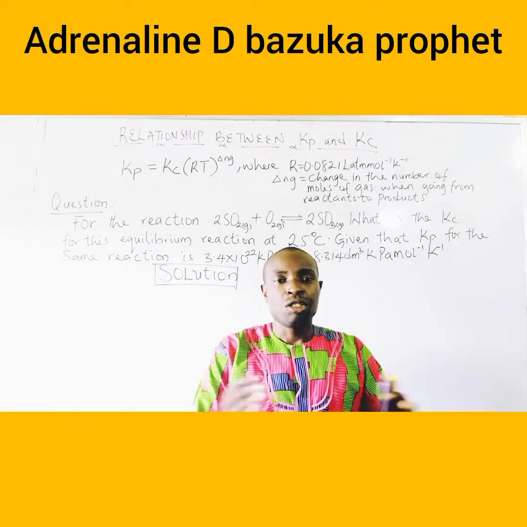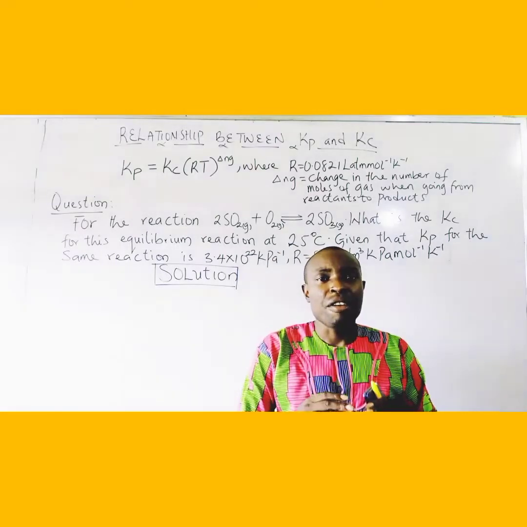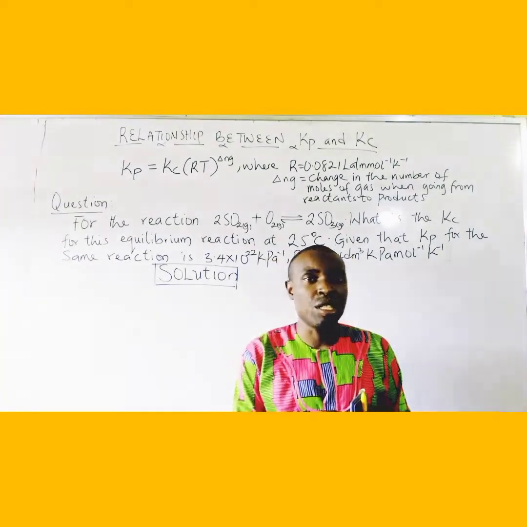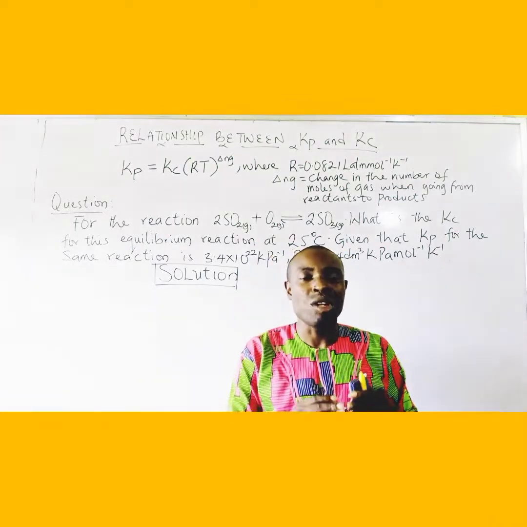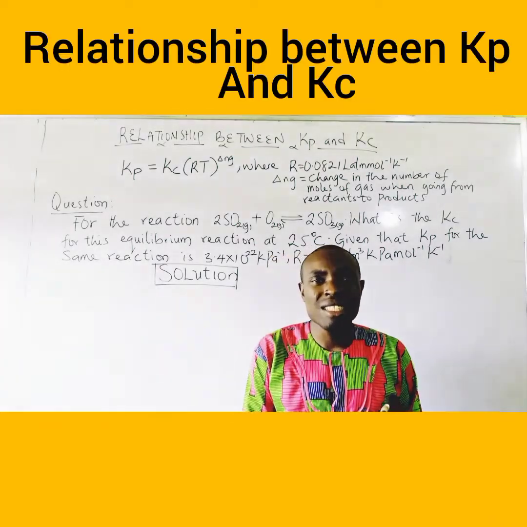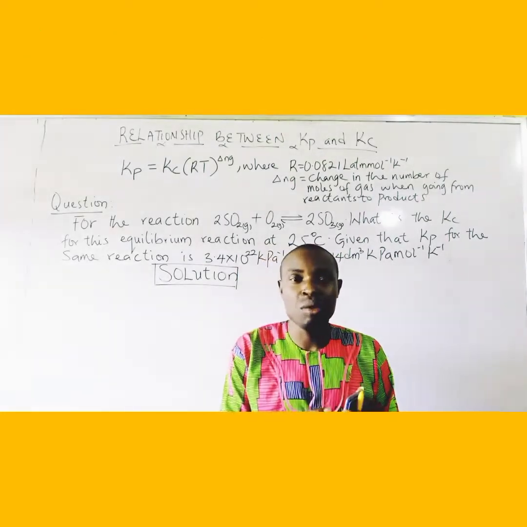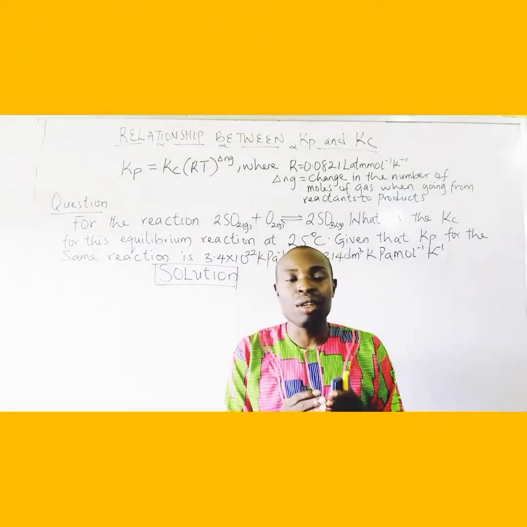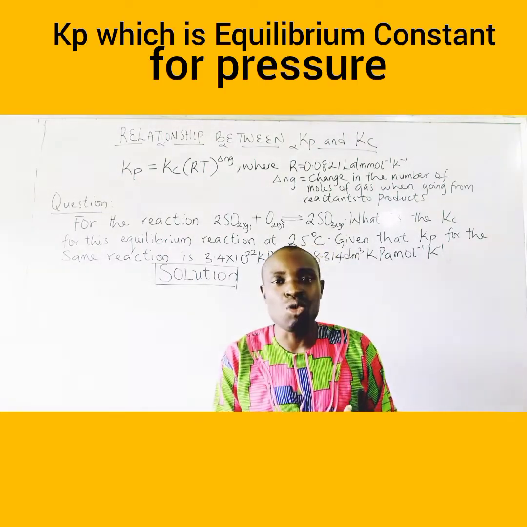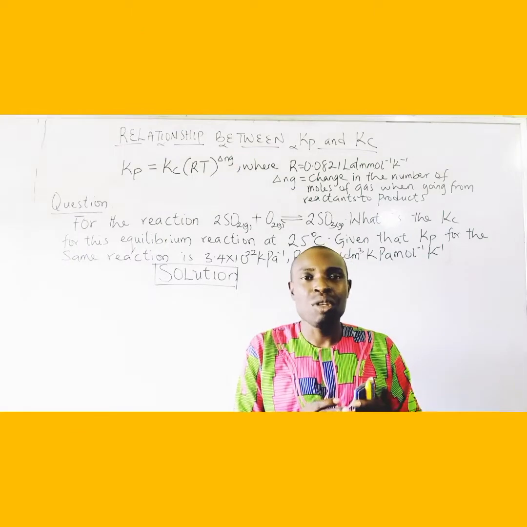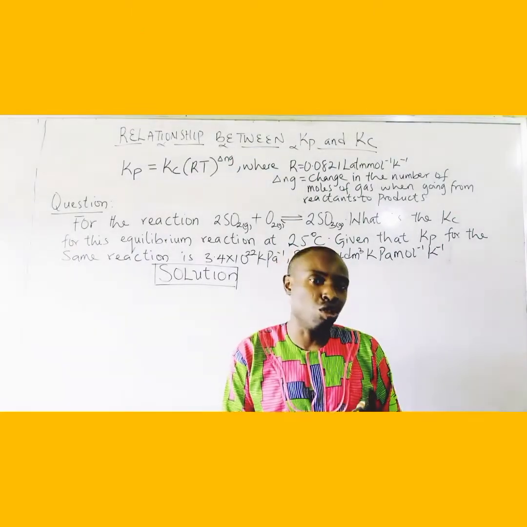Today I'm going to be teaching you a very interesting aspect under chemical equilibrium, talking about the relationship between the Kp and Kc. Kp is the equilibrium constant for pressure, which involves gases, and Kc is the equilibrium constant for concentration.